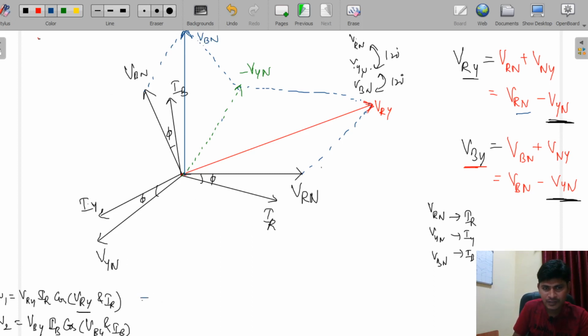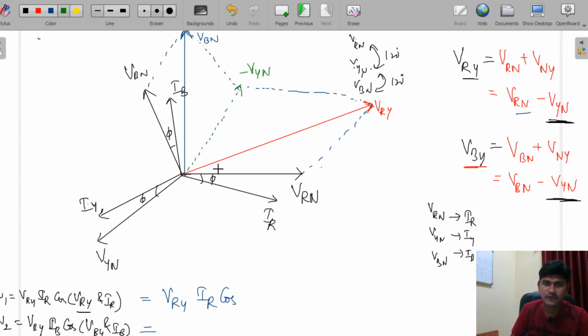What is W1? W1 is VRY IR cos of the angle between VRY and IR, right? Anyhow, the angle between these two will be 60 degrees.